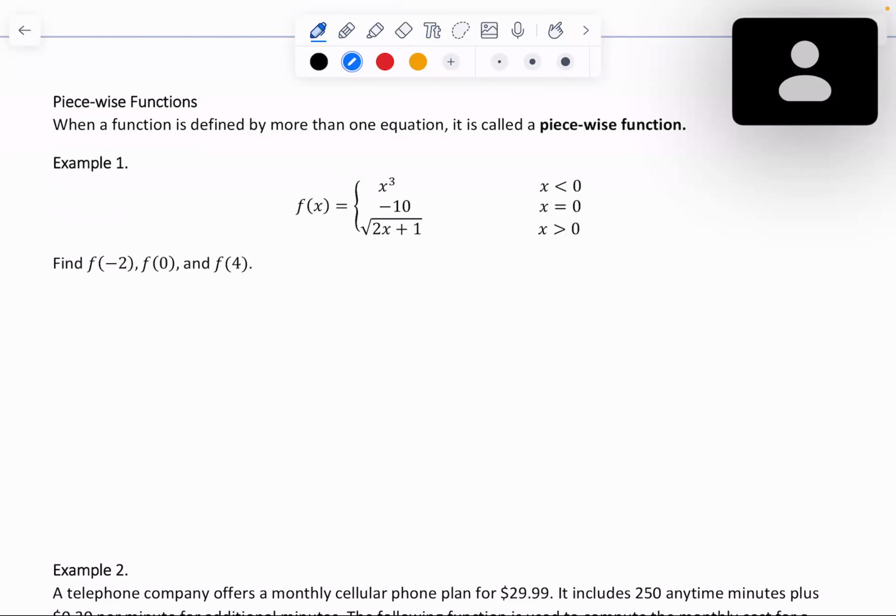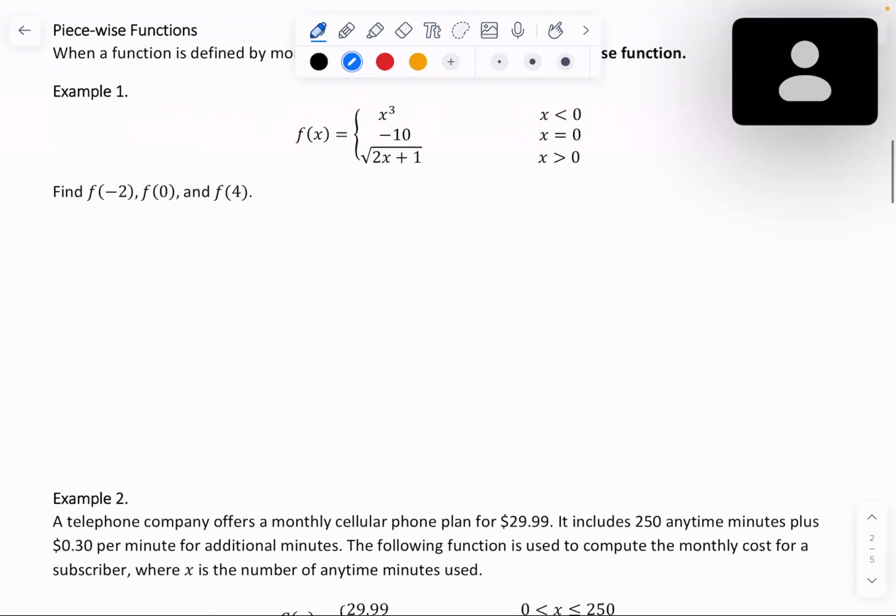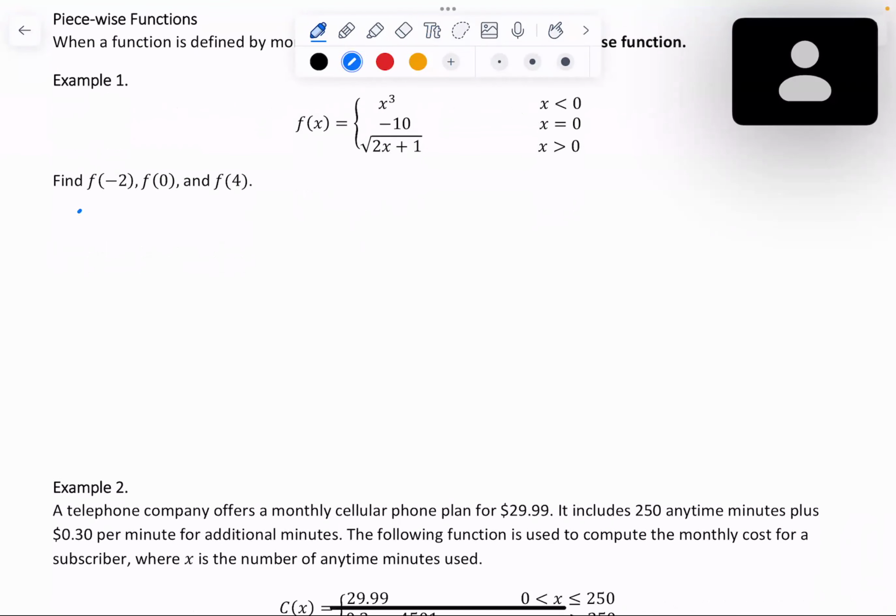So what we're going to do is just see which piece each of these values fit in. So if I'm looking at finding f of minus 2, minus 2 fits into this piece here up top, right? When x is less than 0. So that's what I'm going to plug it into. I'm going to plug it into this function that's defined on this piece.